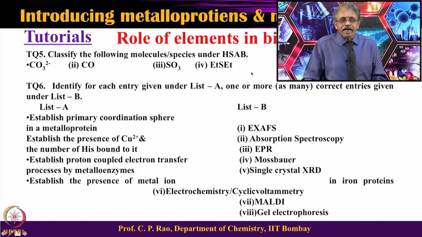Then, before you can decide acid or base, you need to decide whether it can donate electrons, then it will be a base. If it has some empty orbitals and can accept electrons, then it will be an acid. So, Lewis acid, Lewis base, hard and soft. I think you can sit at home and do all this, because I have given all the things. For example, carbon monoxide, in the maximum number of cases binds through the carbon. So, you need to take that.